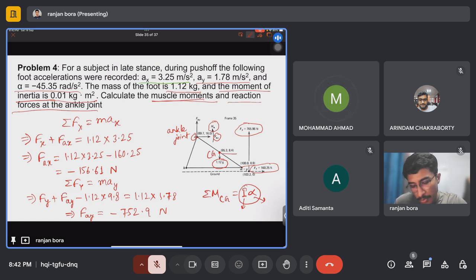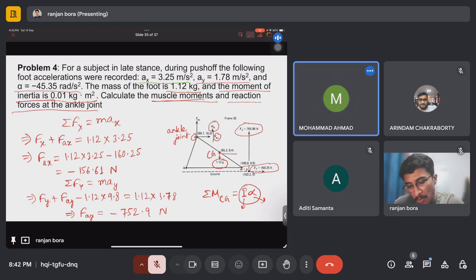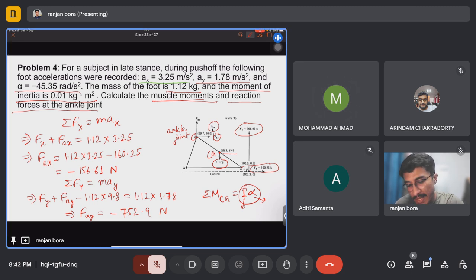So if we do the moment equilibrium about point CG, we need to find these distances, because with respect to point CG, these forces Fax, Fay, Fx and Fy will generate moments. So we need to find the moment terms.